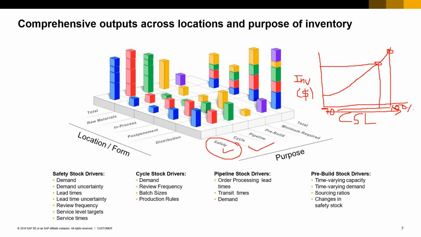So your on-hand stock is, let's say, your cycle stock and your safety stock. This is your on-hand stock that you need to keep high in your inventory.